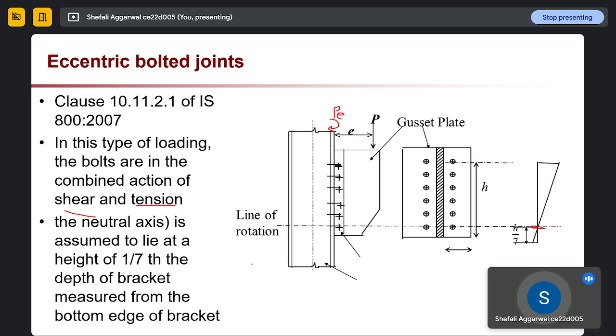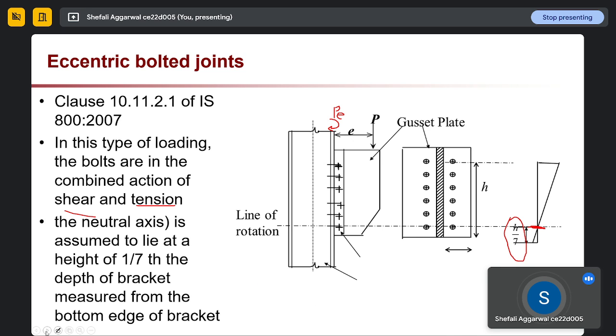Mostly the cross sectional area of the bottom bolts will be higher than that of the upper bolts. Because of that, the masses and the cross sectional area will shift our neutral axis to this point. Here we are assuming that our neutral axis is lying at h by 7 from the bottom edge of our bracket.